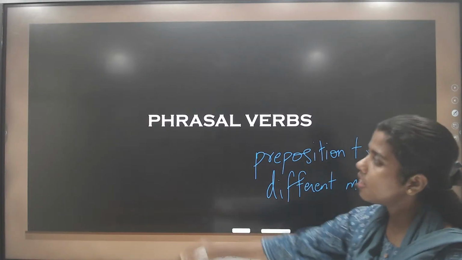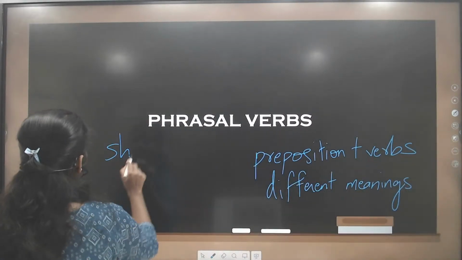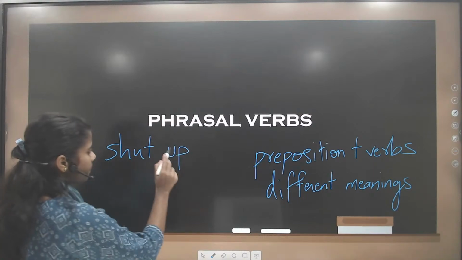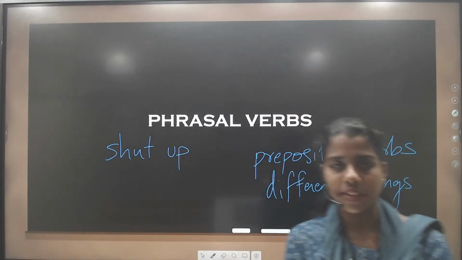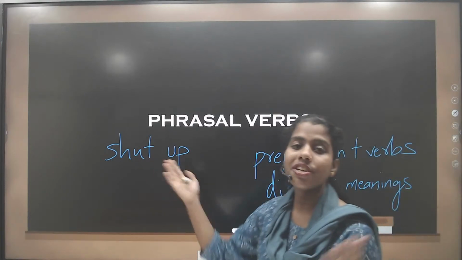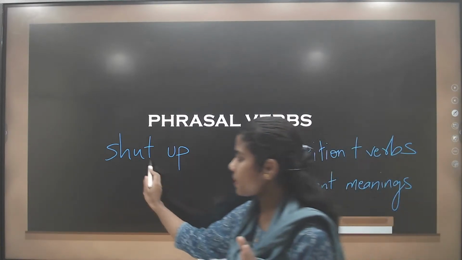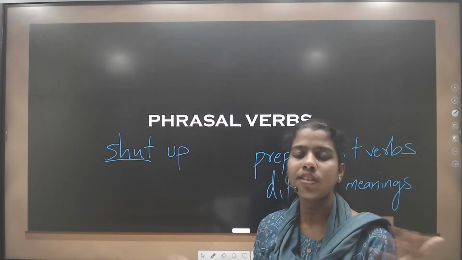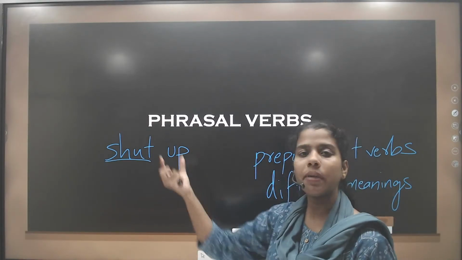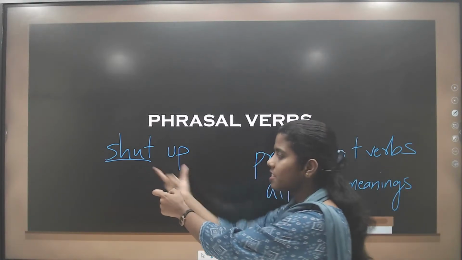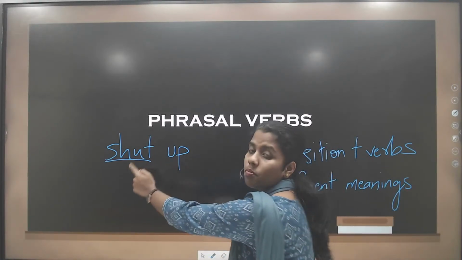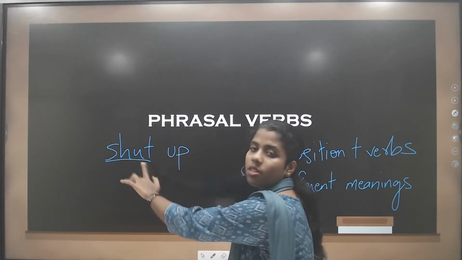For example, a simple one, we usually say this, or maybe we have heard of this more often. So, shut means what? The actual meaning of shut is to close. And up means what? You know what it is. But when we say this together, this is nothing but preposition plus verbs.